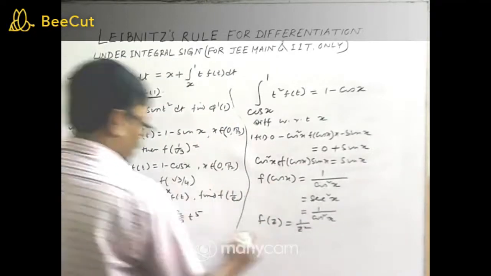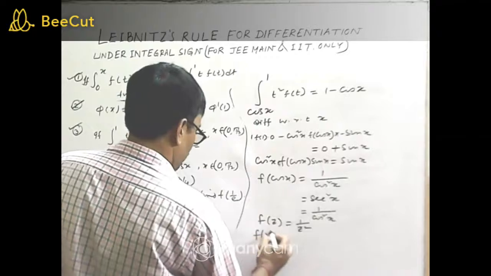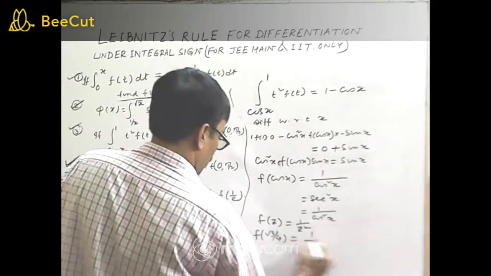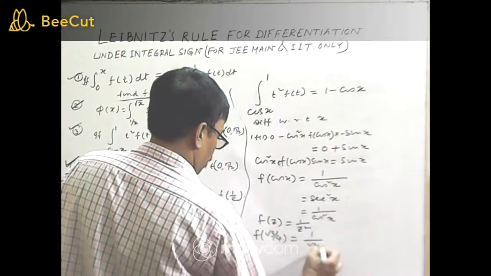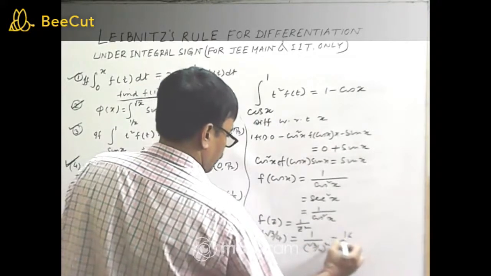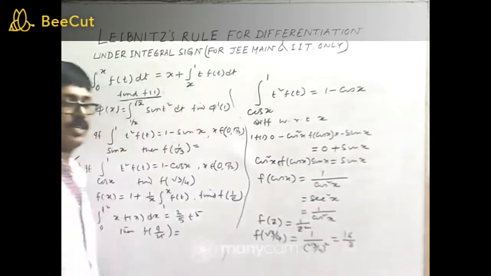Now we need f of root 3 by 4, which equals 1 by (root 3 by 4) whole squared, which equals 16 by 3.